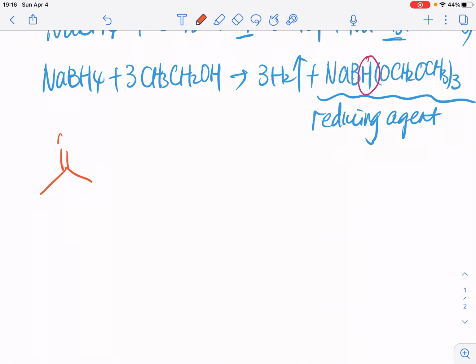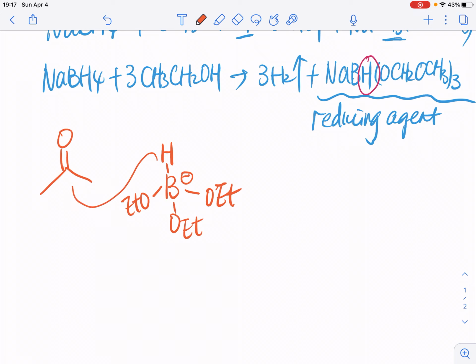We'll use acetone as an example starting ketone. It will be the same case if you started with an aldehyde. Well, we know the hydride will be the nucleophile, right? And hydride will be the species that's going to do the attack.